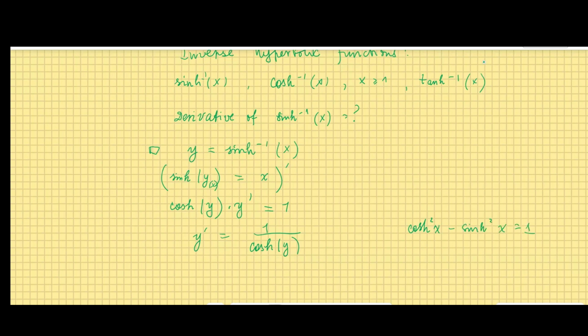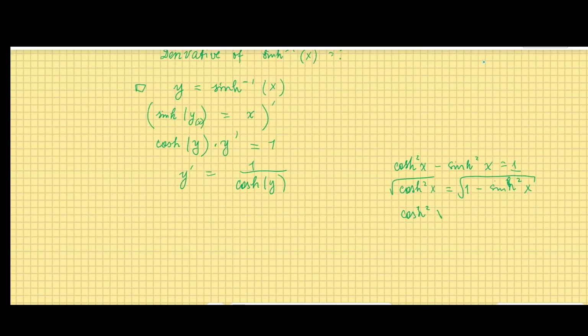So what is going to be cosh then? Cosh squared of x equals 1 plus sinh squared of x, right? And if I extract the square root of both sides, cosh of x is just going to be the square root of 1 plus sinh squared of x.